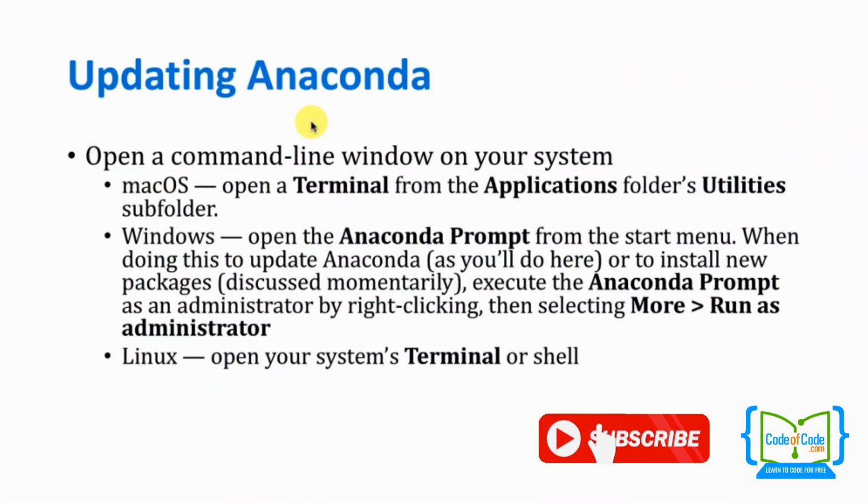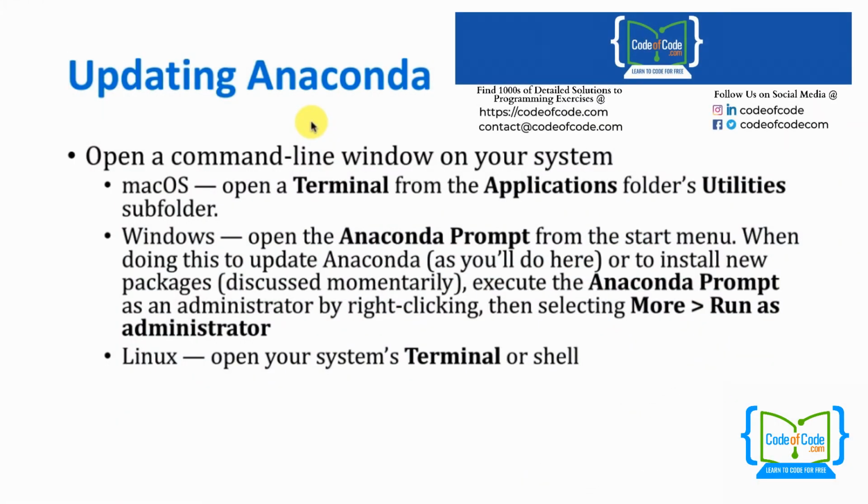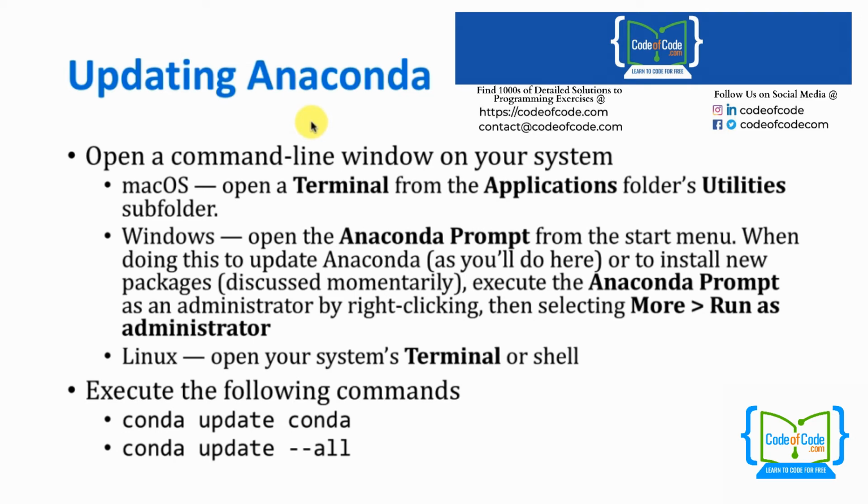Switching back over to the PowerPoint slides here for a moment. Once you've got your command line window open on your system, you're going to execute two different commands. conda update conda is going to install any updates to the tool called conda that you'll be using frequently to install additional libraries.